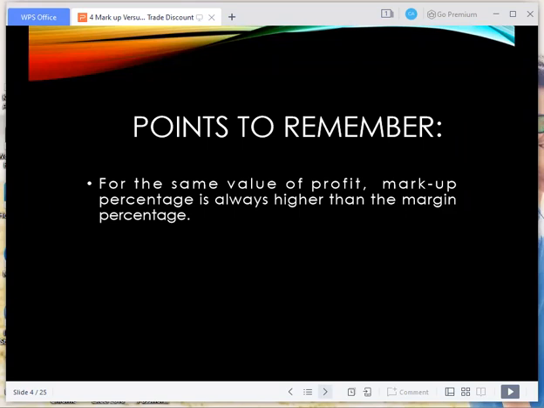Because they are equal percentages, it just means that these two stores are having different values for their profit.